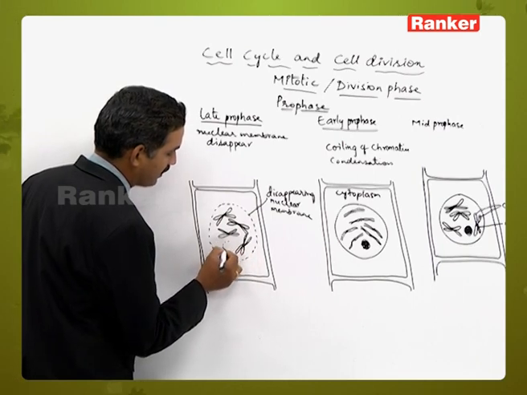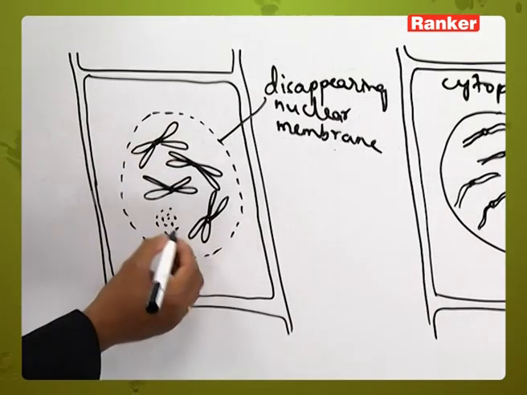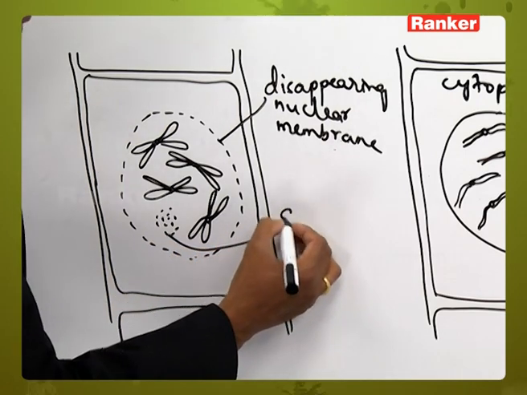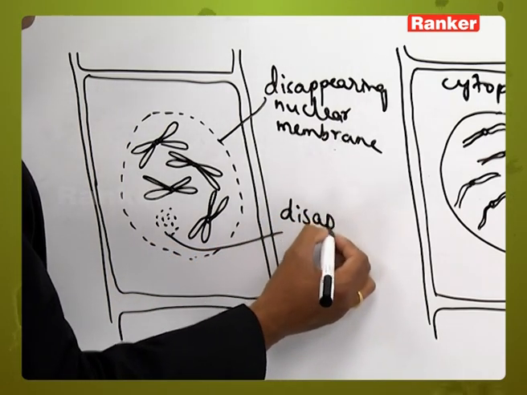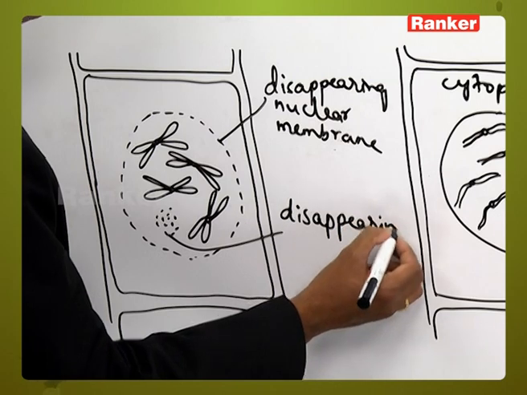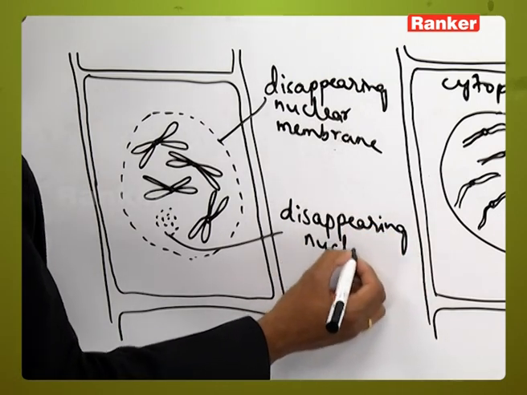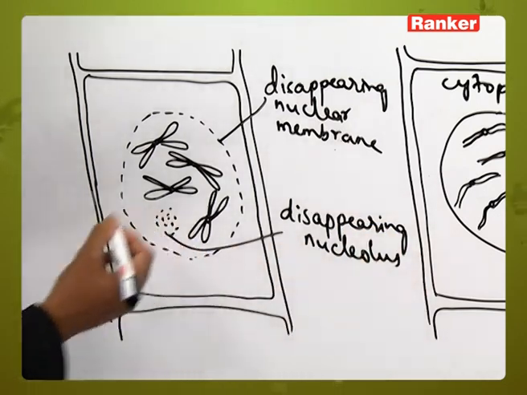And of course here the disappearance of nuclear membrane and also the disappearance of nucleoli can also be observed here, or nucleolus will also gradually disappear.